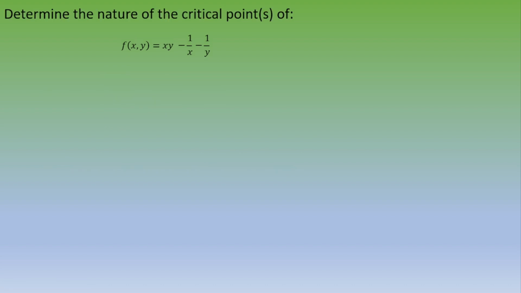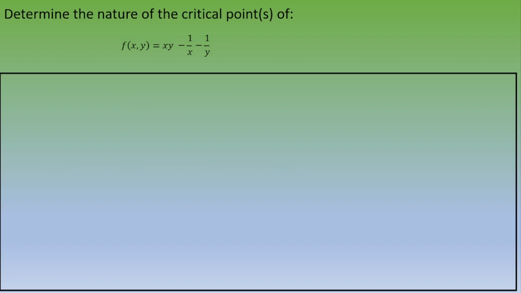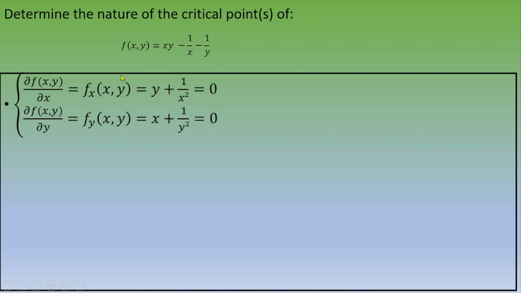So let's start. We are going to calculate the first order partial derivative. This is the economic notation, and this is more or less US notation. So this is y plus 1 over x squared, and this is equal to 0.